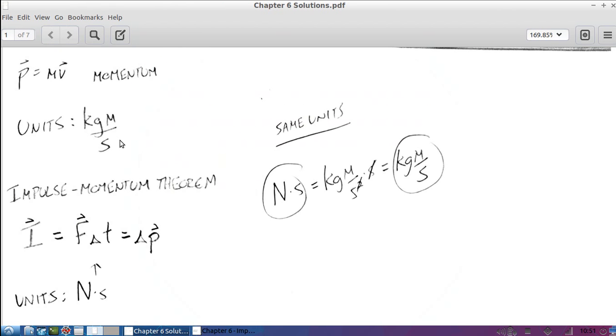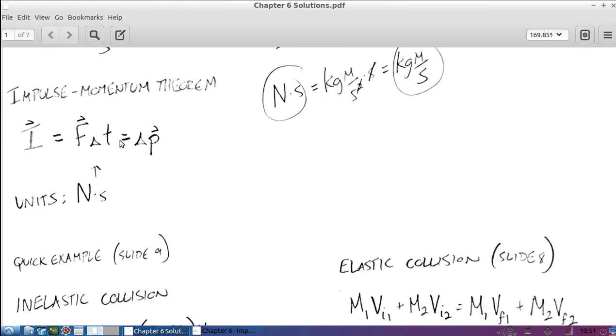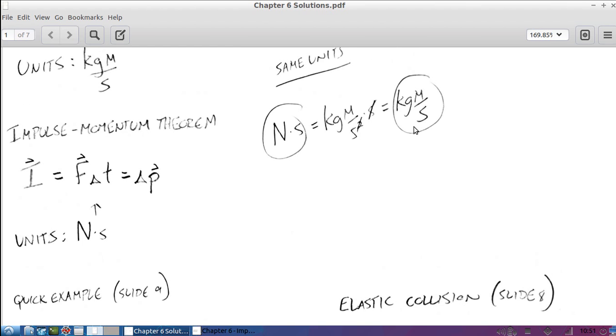So the units of momentum are also Newton seconds. We can describe momentum in units of kilogram meters per second or Newton seconds, because a Newton second is a kilogram meter per second squared times seconds, and one of those goes away. So these are two different ways we can express the units of momentum.